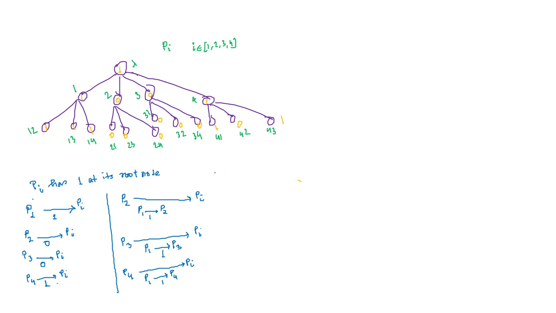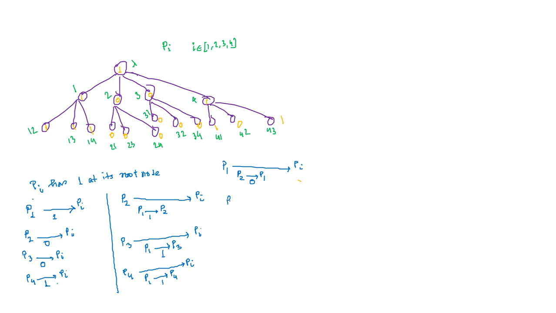Okay. Next, you can see that from this node we can say that P1 has said to P1 that P2 told me that its root node value is 0.